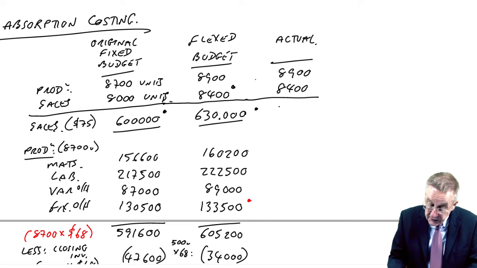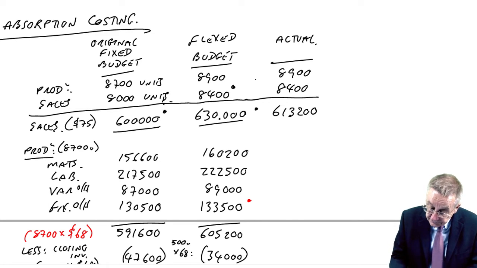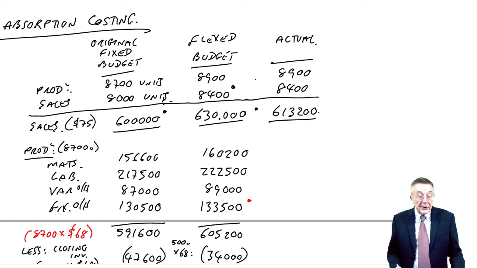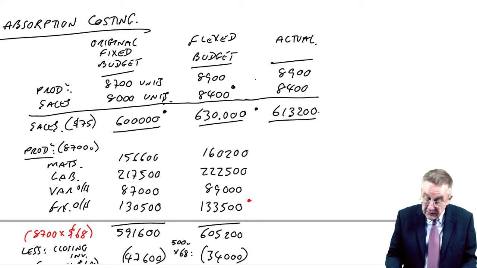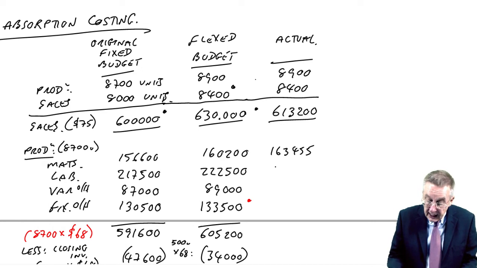We actually had 613,200. The costs, the cost of materials, the bottom table, actual cost 163,455, labour 224,515, variable 87,348, fixed 134,074.